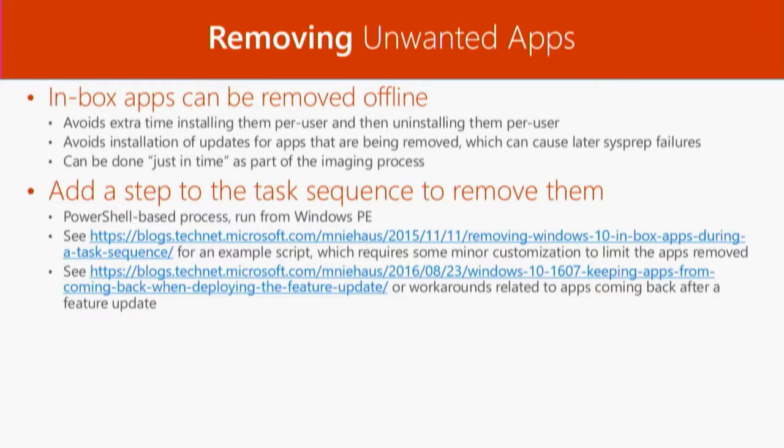That script is designed pretty much to just enumerate all the applications that are included in the Windows 10 image and remove them all by default. If you don't do anything else, it removes them all. That's not recommended. You want to then tweak the script so that it only removes a subset of those because there are some that are actually useful. You might not agree, but I personally like having a calculator app at least installed in the operating system, so you probably don't want to remove them all.